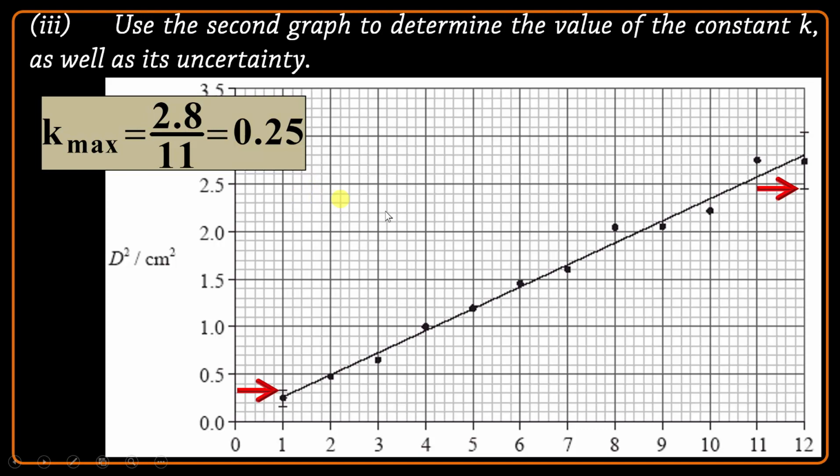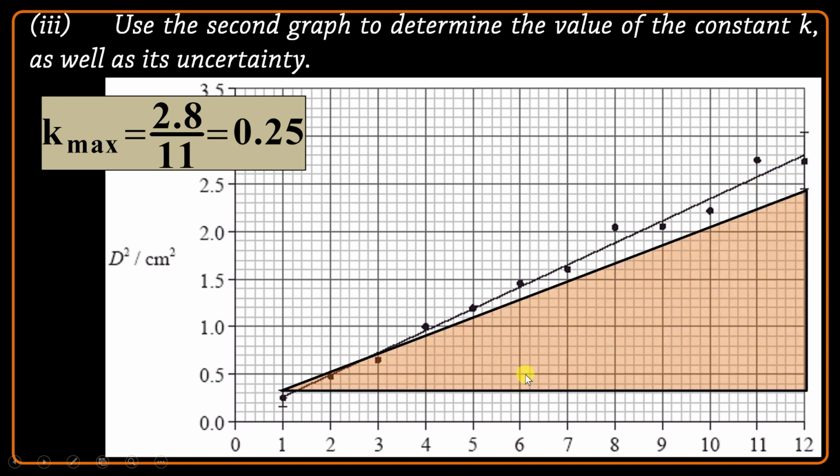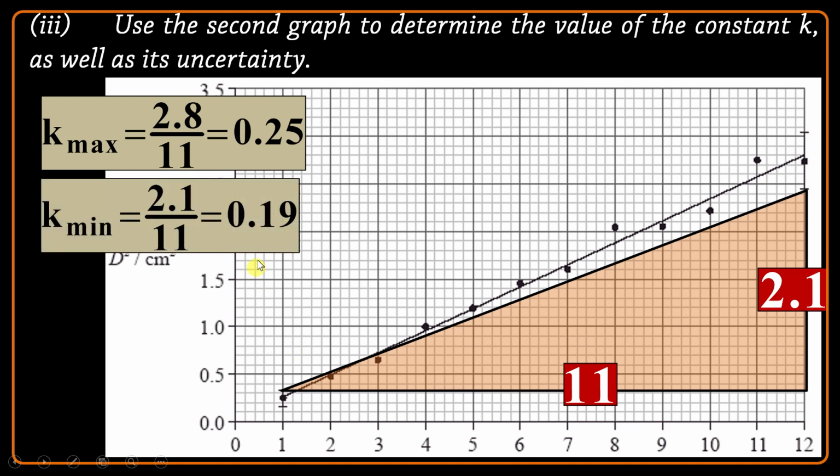Then I establish another triangle for finding the minimum slope. For the first point, the top, for the last point, the bottom, and then I establish another right triangle. The vertical will be 2.1, the horizontal is 11, and then I divide them again. This is 0.19. That's all.